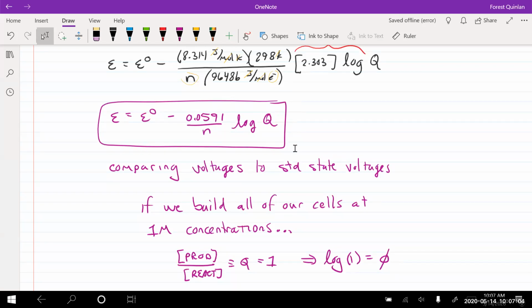Now, of course, what's going to happen? You are going to put this all together and start reading the voltage. And had we actually been able to do the experiment, you would notice that as you made your 1 molar solutions, hooked up your voltmeter and made the reaction go, the voltage would start dropping.